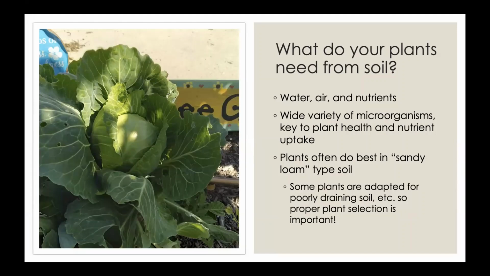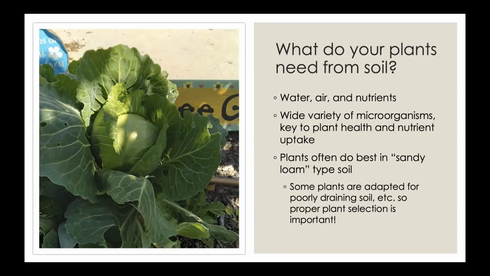So soil type, or what we call texture, also plays a role. Soil consists of sand, silt, and clay particles, and the texture is the relative proportions of each. So sandy loam is one of the best types of soil for most plants, and you can do a jar test at home to determine what type of soil you have.